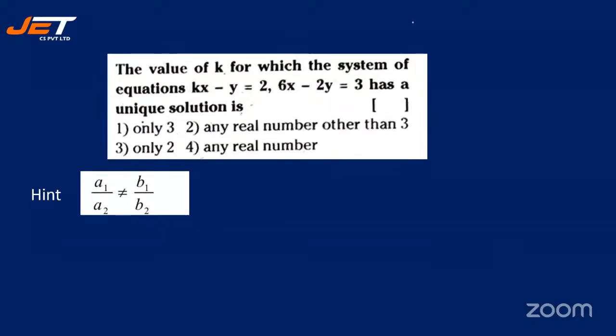Here, the value of k for which the system of equations kx minus y is equal to 2, 6x minus 2y is equal to 3 has a unique solution: is it only 3, any real number other than 3, only 2, or any real number?